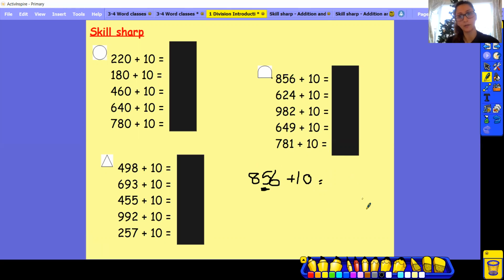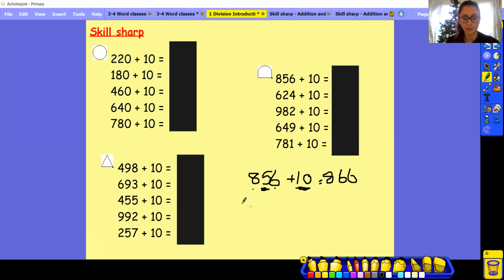So 5 tens equals 50. And we're adding a 10 to it. So I'm going to add a 10, this column is going to change and it's going to get bigger, okay? Remember the other columns don't need to change, okay? So my answer is 866. Well done if you managed to get that home.